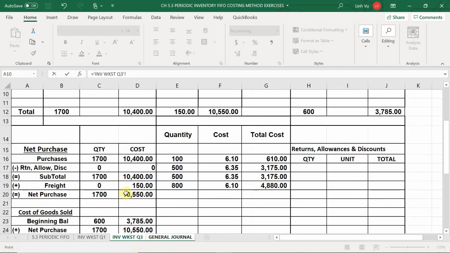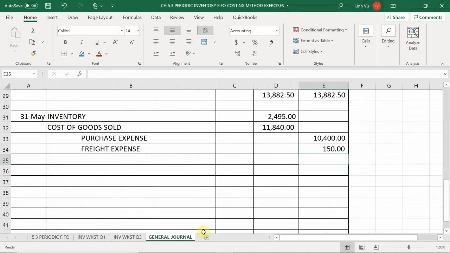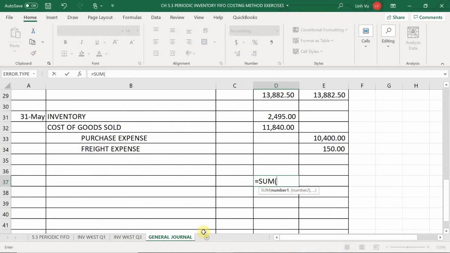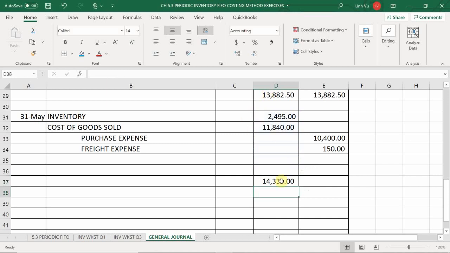Because I got rid of my beginning inventory, I have to decrease my inventory. So if I plug in that I'm decreasing my beginning inventory by 3,785, now my debits and my credits match.